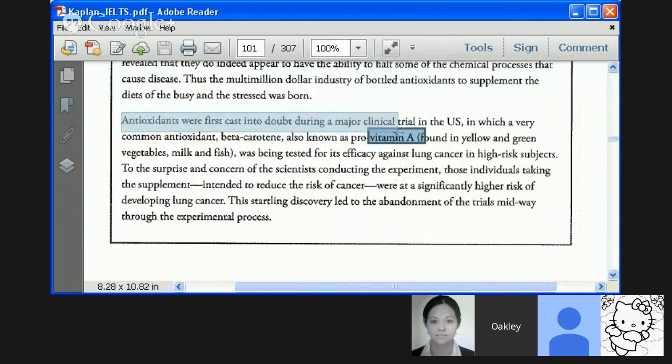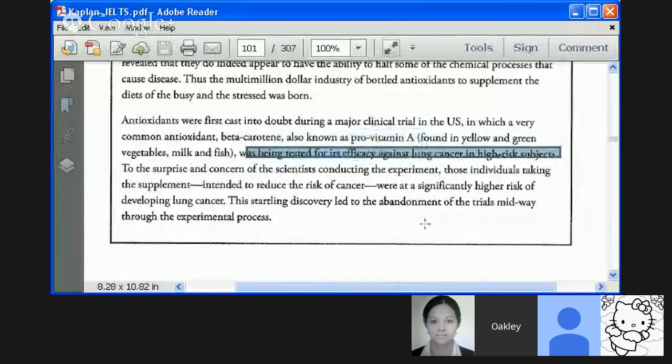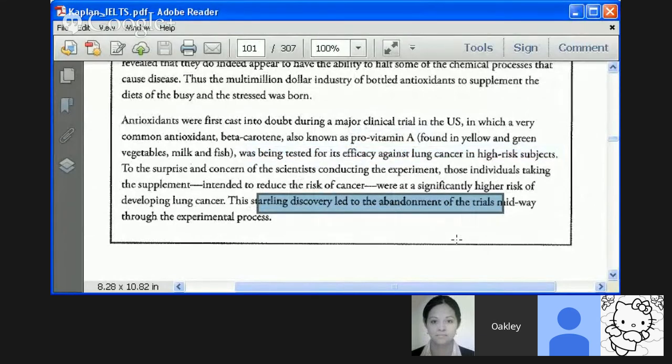Antioxidants were first cast into doubt during a major clinical trial in the U.S. in which provitamin A, you can get rid of all this extra information, was being tested for its efficacy. Later, it says startling discovery led to the abandonment of the trials.